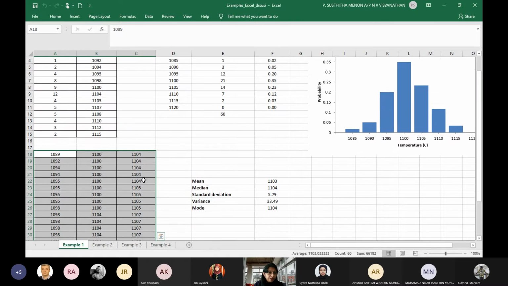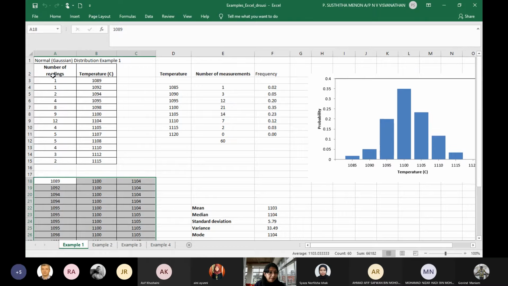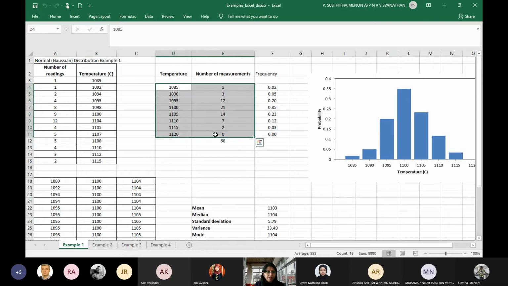You take this data and then you can bin them into categories, how many 1089, how many 1092, and then you can use this to create a simple histogram.